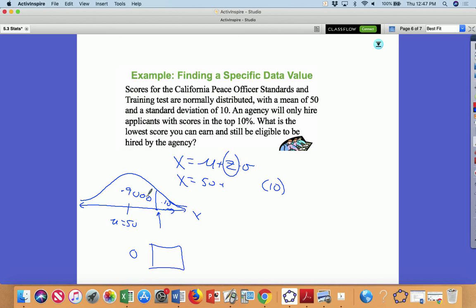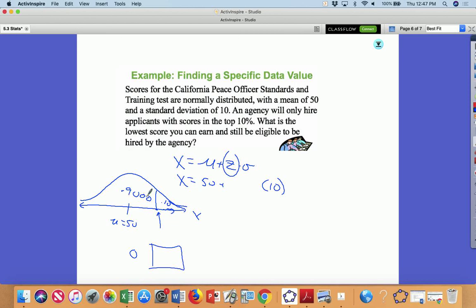Well, we're looking at 90% though. Which one would be closer to 90? Right, 0.8997 is closer to 0.9000.